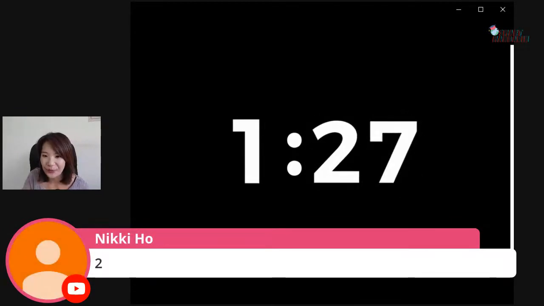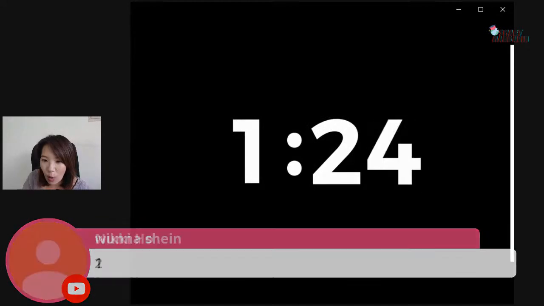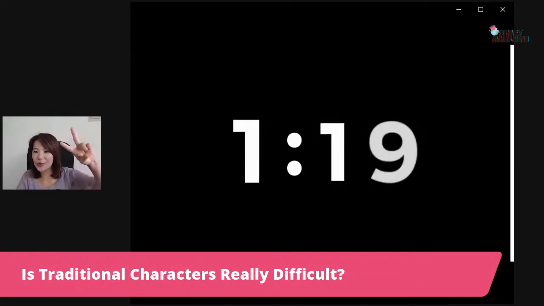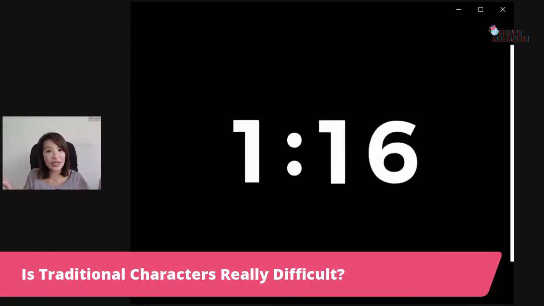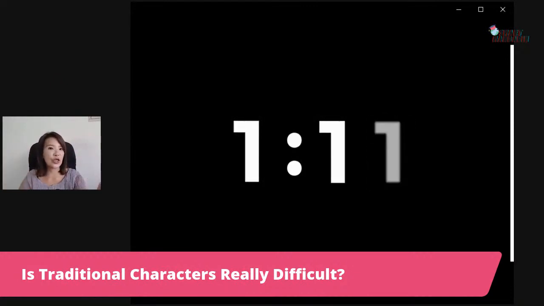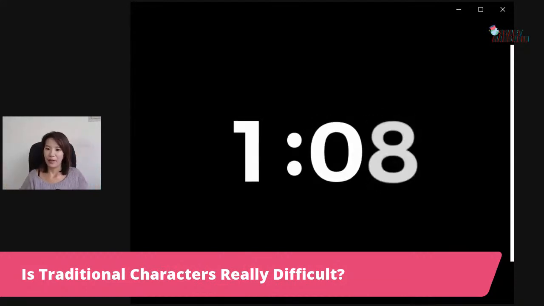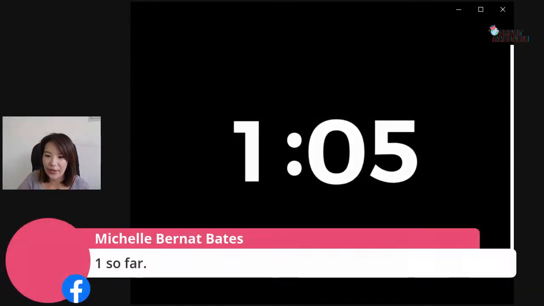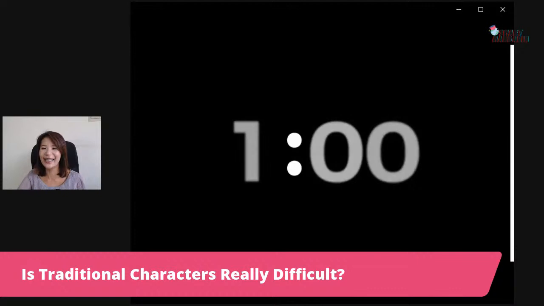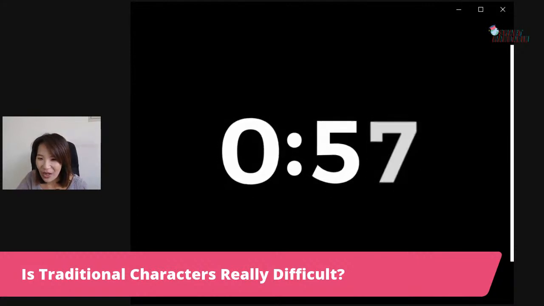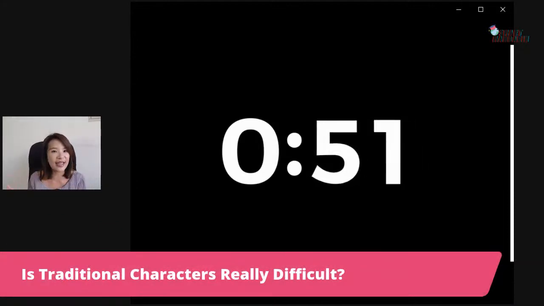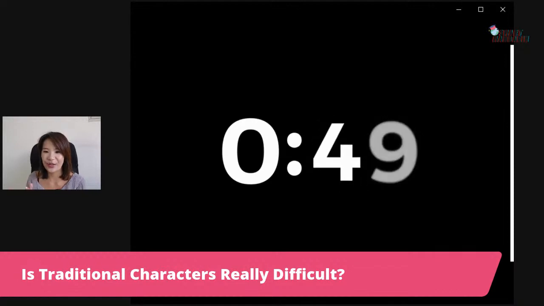Simplified or traditional? 1 simplified, 2 traditional. Let me know. And also you can tell me the reason. 1 is simplified, why? And 2 traditional, why?